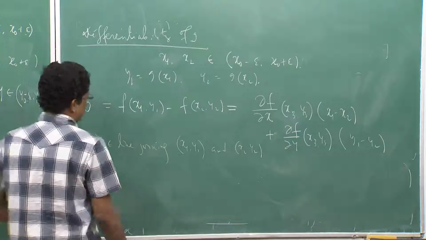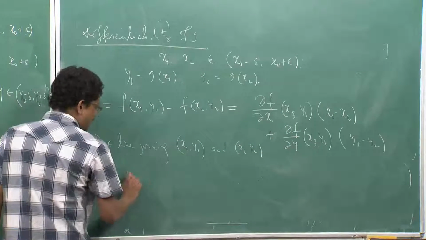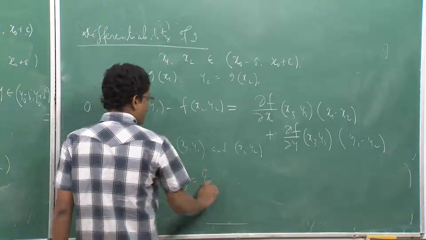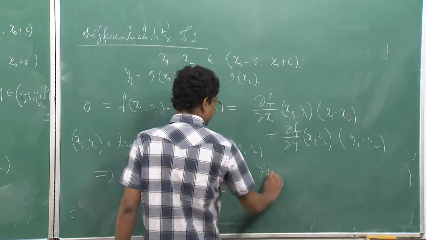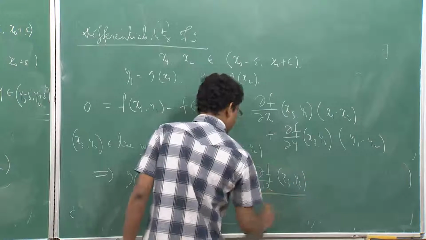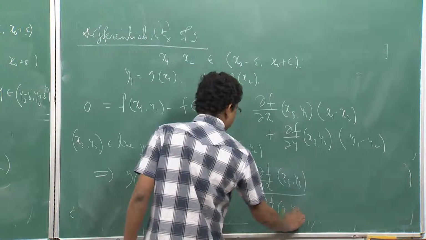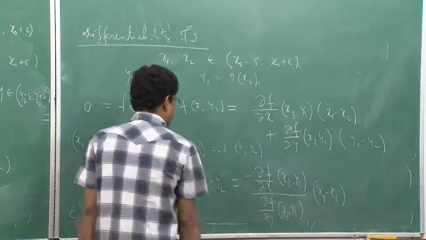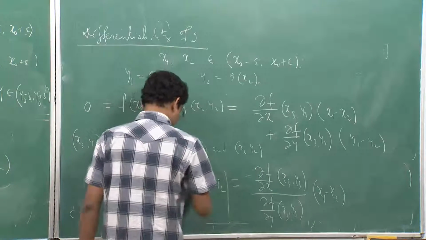What does it say? This side is 0, this fellow is less than a. So, this will say g(x1) − g(x2), which is equal to y1 − y2, bringing everything to this side, is equal to minus ∂f/∂x at (x3, y3) divided by ∂f/∂y at (x3, y3), times (x1 − x2). Take the modulus here, okay.